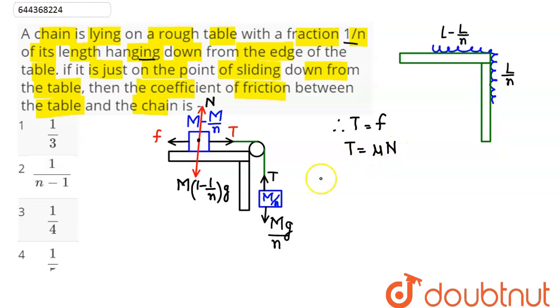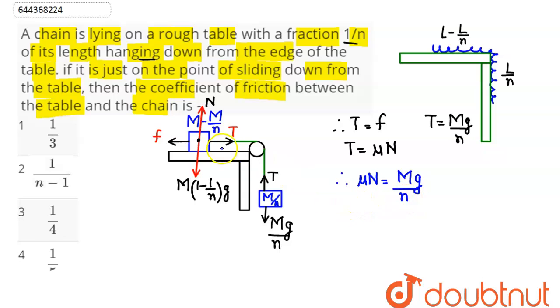Now from this block equation we have T equal to mg upon n. So from these two tensions we can simplify as mu into N equal to mg divided by n.